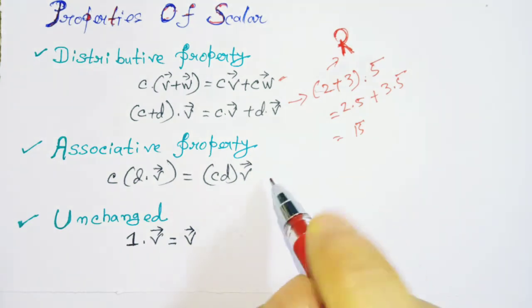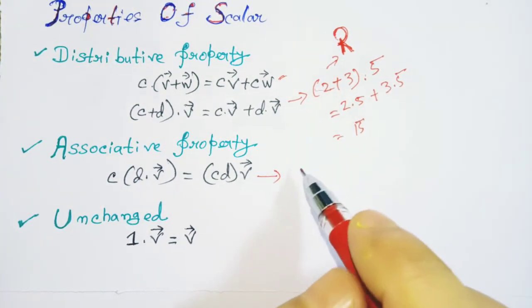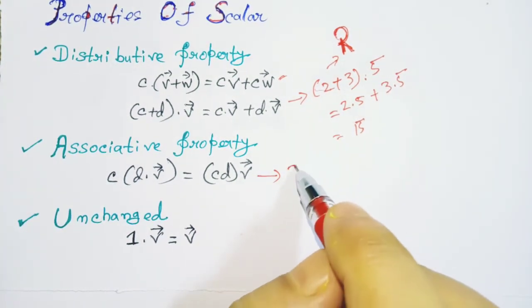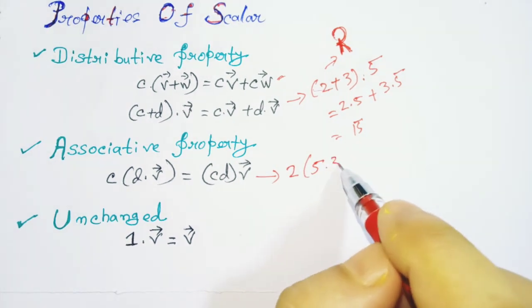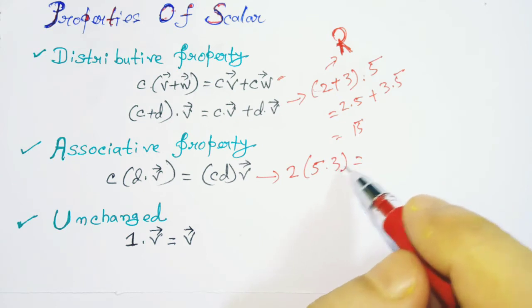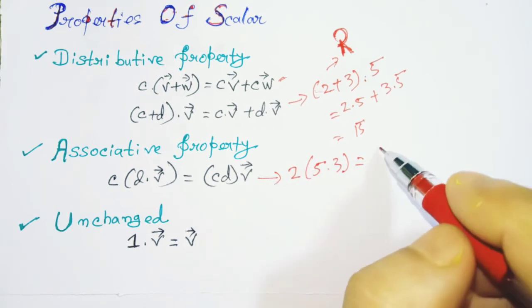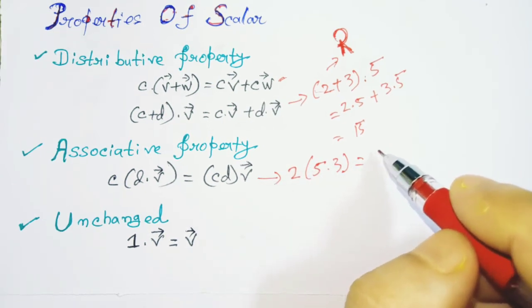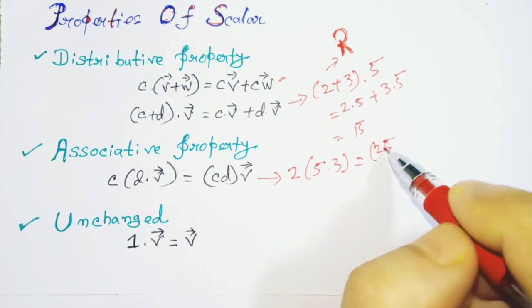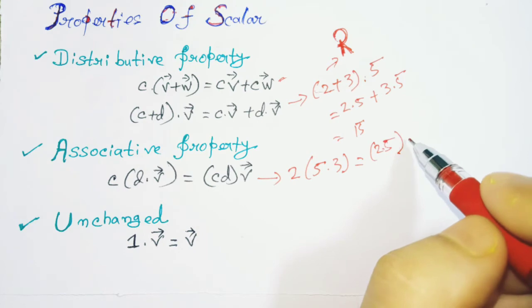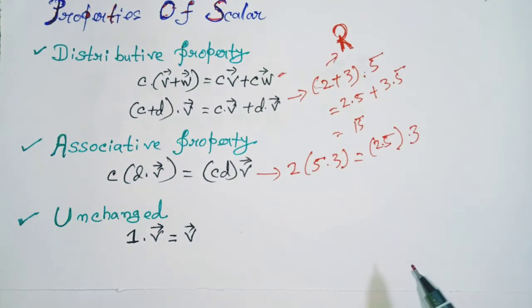So let us see, for example, if I take the same one, I will take 2 multiplied by 5 and 3. I can tell this one would be equal to cd, that is 2 and 5, and I can put outside the v part, that is 3. So this is again a real number.